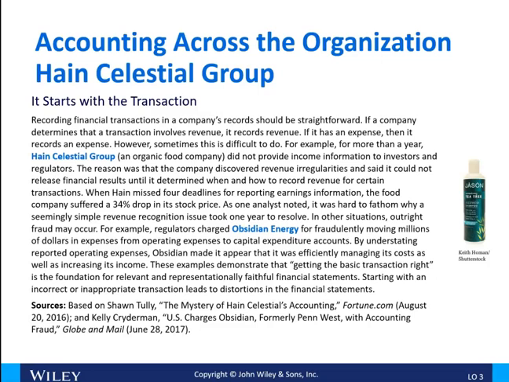By understating operating expenses, they made it appear that they were managing costs and increasing income. These examples demonstrate that getting the basic transaction right is the foundation for relevant and representationally faithful financial statements.